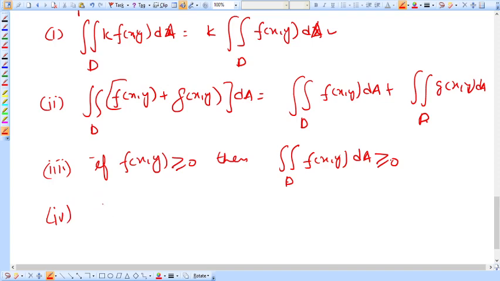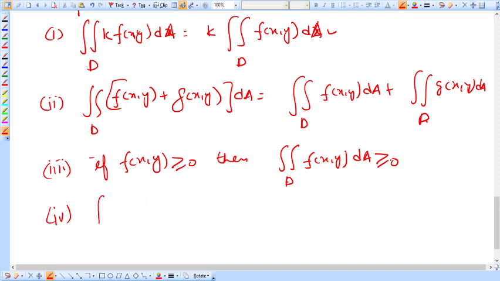As we used to break the interval in single integration, that is, if the integration goes from a to b, we can write it as the integration from a to c plus the integration from c to b, where c is a point lying between a and b. Similarly it can be done in this case also.